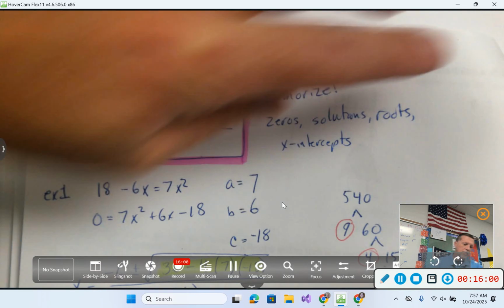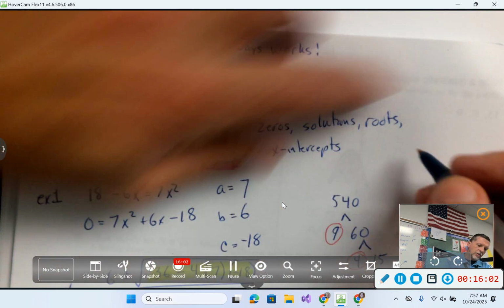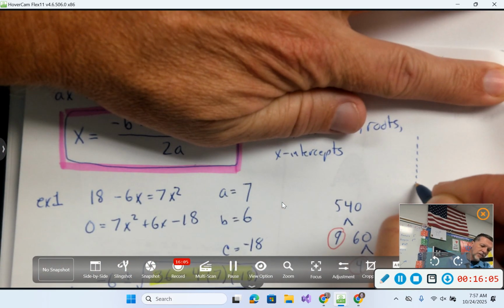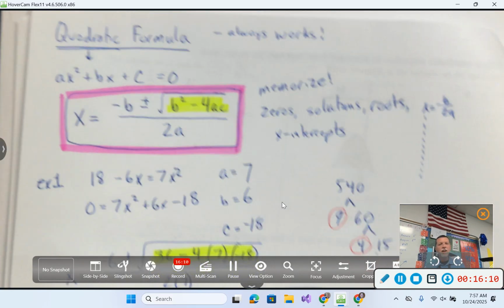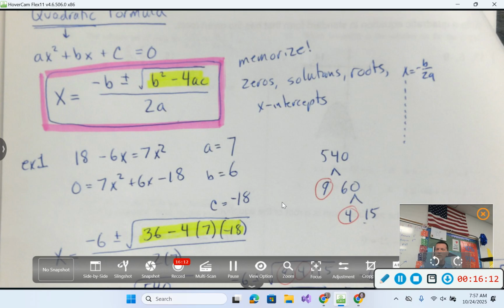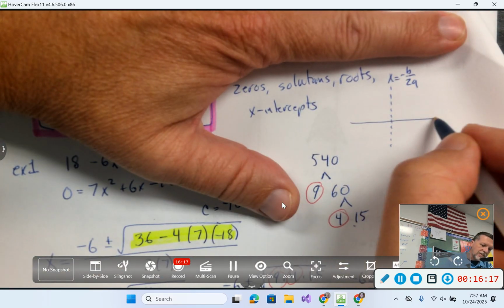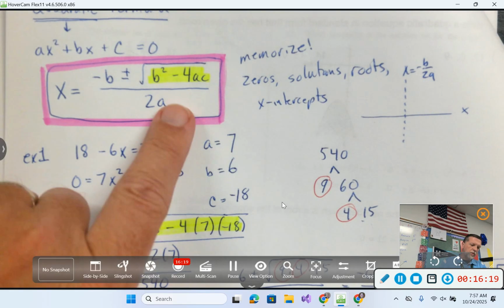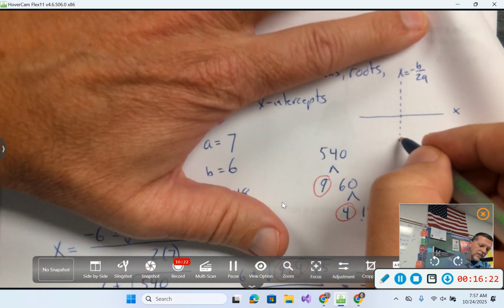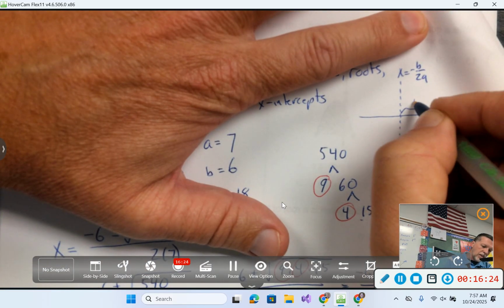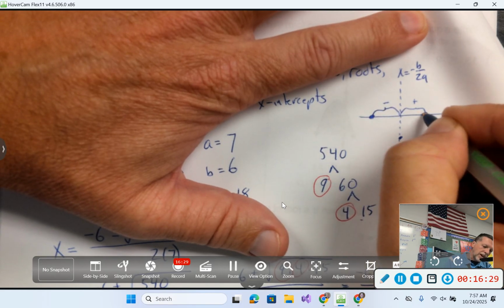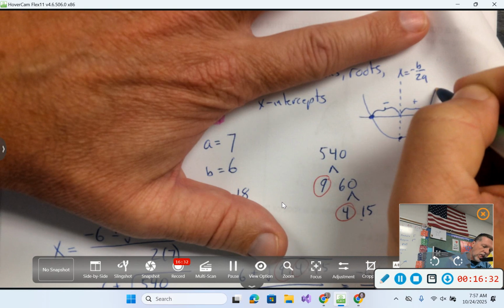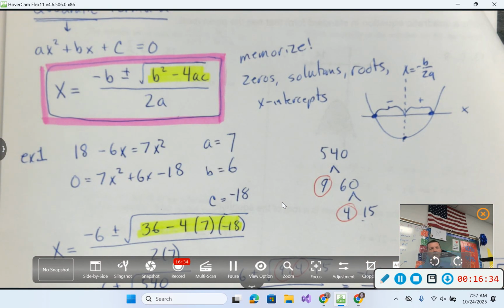Little side note here. x equals negative b over 2a also tells us the axis of symmetry, right? Because it's the x-coordinate of the vertex, which is the axis of symmetry. And so wherever that crosses the x-axis, if we go plus on one side, minus on the other side, that's where we get our x-intercepts.